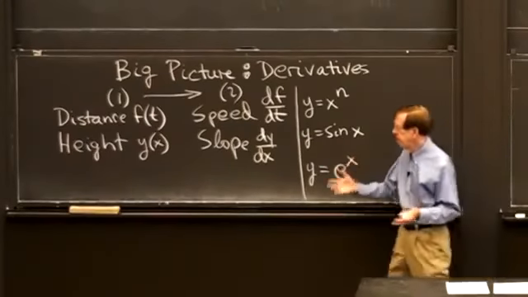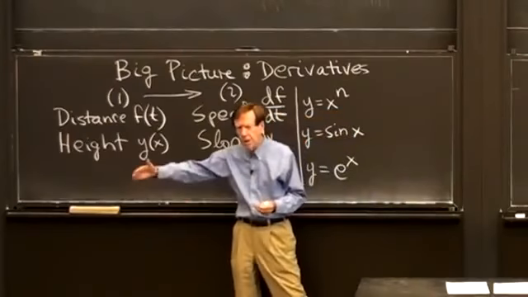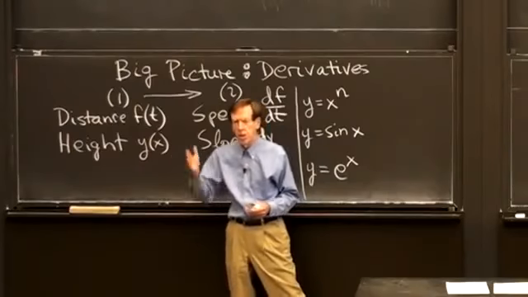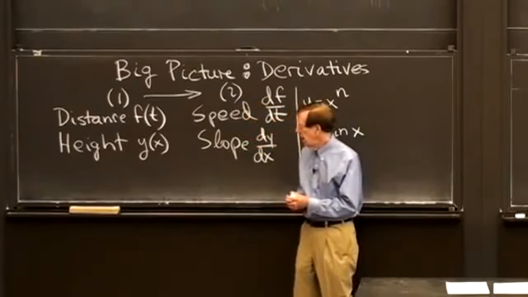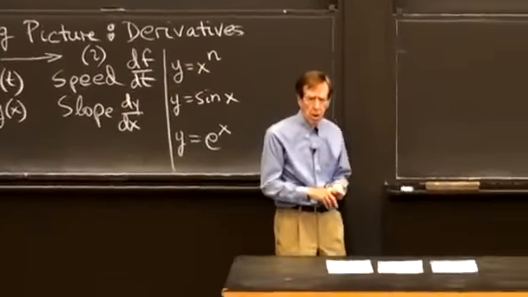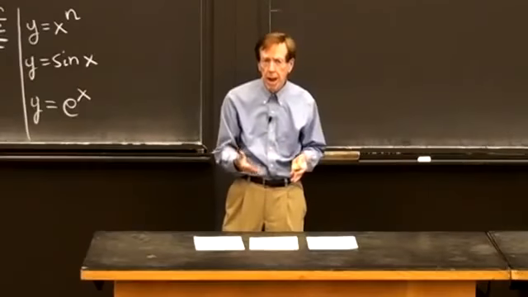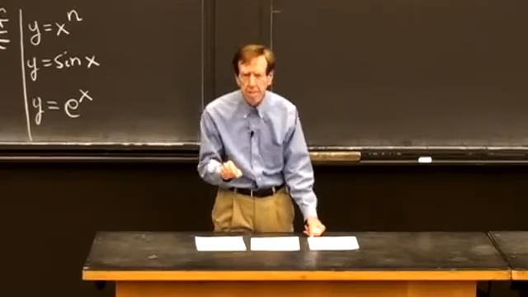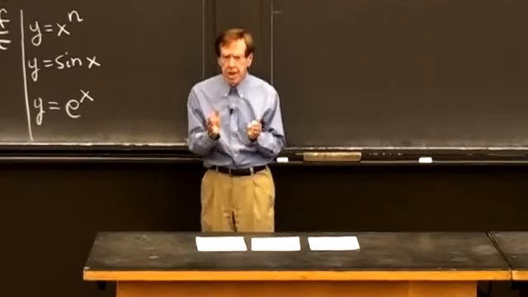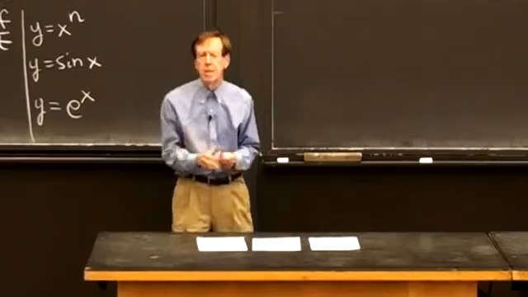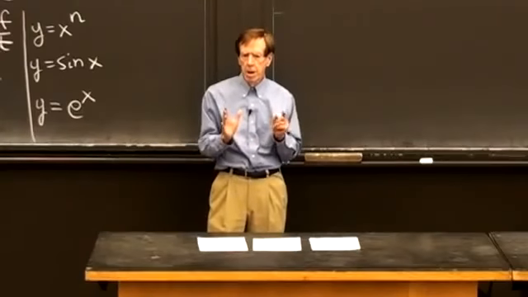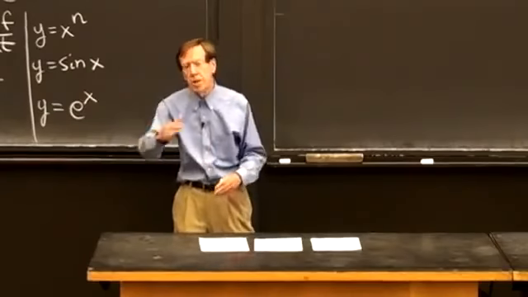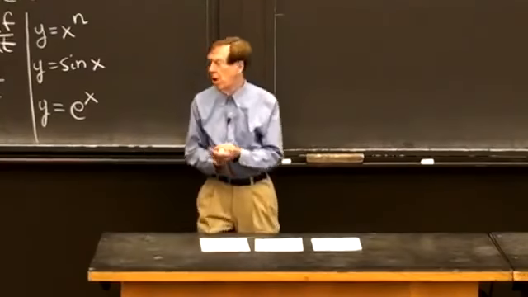One records the distance, the height, the total amount achieved up to that moment, up to that time t or that point x. The second recorder would tell you at every instant what the speed is. So it would tell you the speed at all times. Do you see the difference? The speed is like what's happening at an instant. The distance or the height, y, is the total accumulation of how far you've gone, how high you've gone.